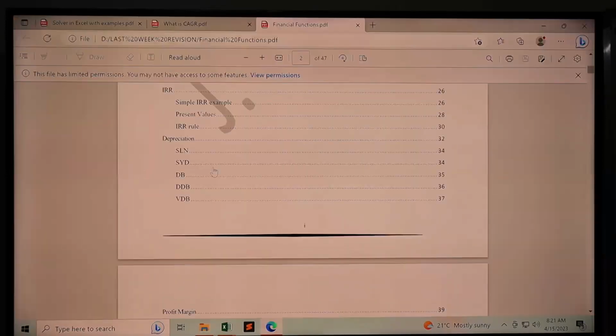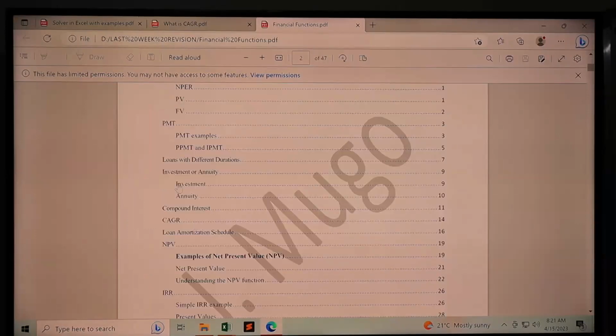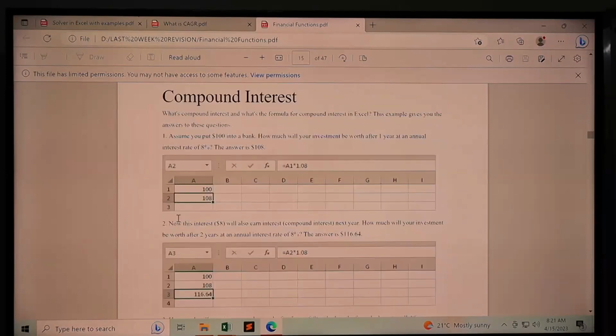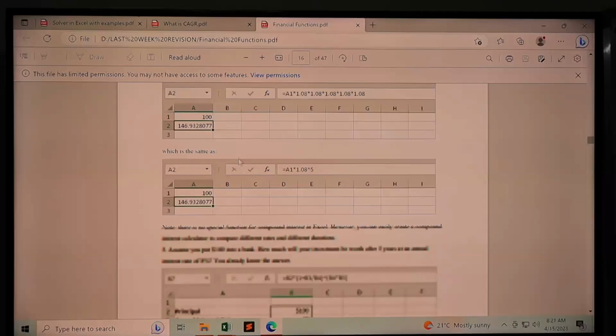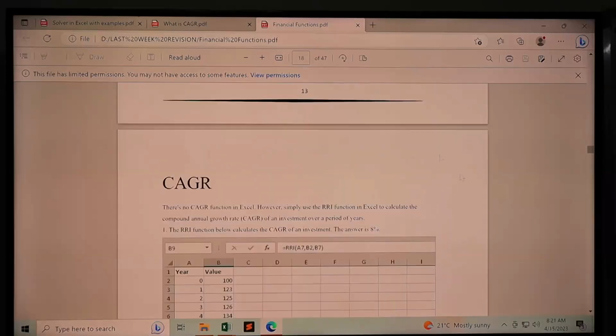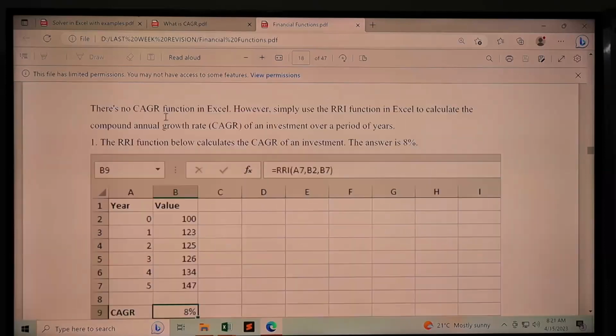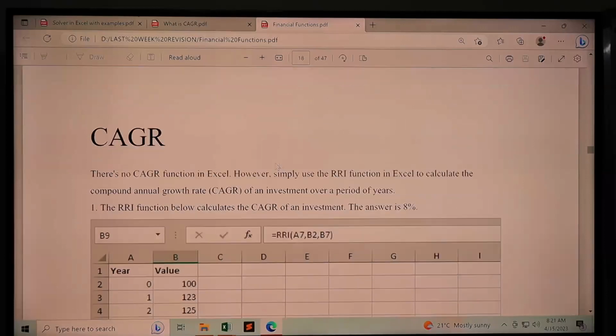And in that worksheet, just below the investment functions, we had the compound interest, and we had this compounded annual interest rate. And we are told here that we don't have a specific function in Excel that is called compounded annual growth rate, but we can use this function.